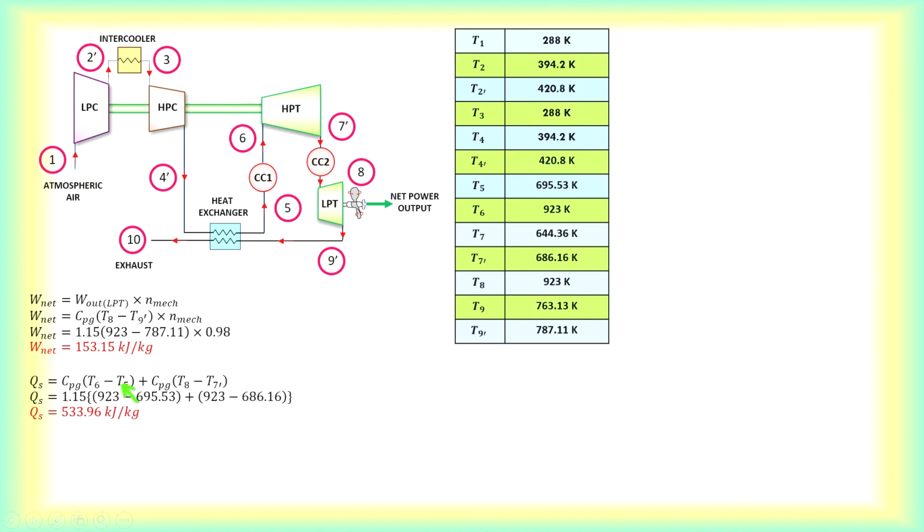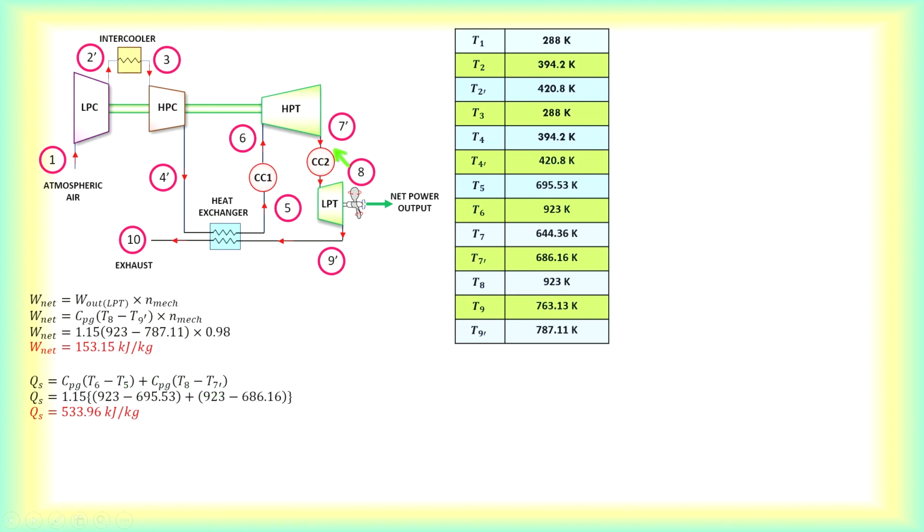Then the heat supply, don't forget there are two combustion chambers. So one of these is here, the temperature difference. The other one is the temperature difference between 7 prime and 8. So you have Cpg and Cpg, both are combustors and they are on the gas side. So that is why Cpg T6 minus T5 and Cpg T8 minus T7 prime.